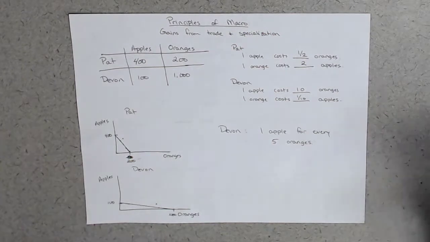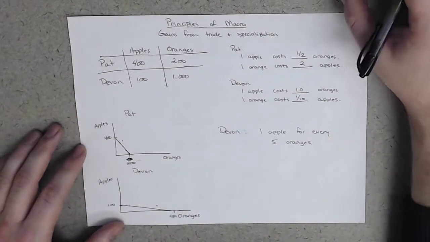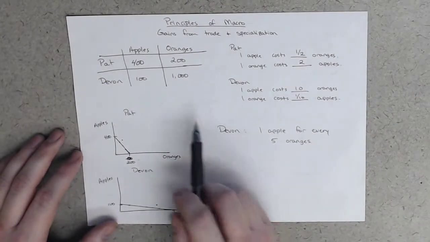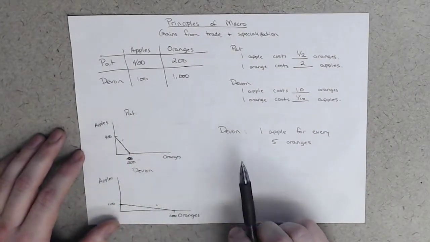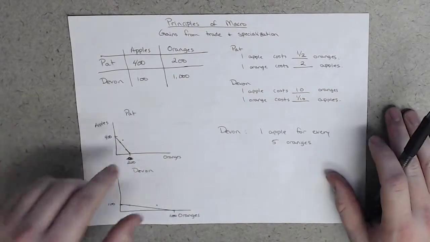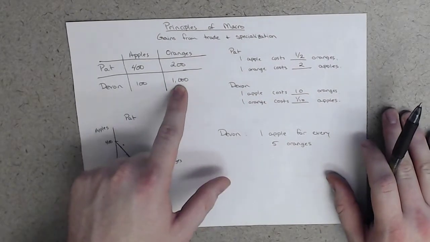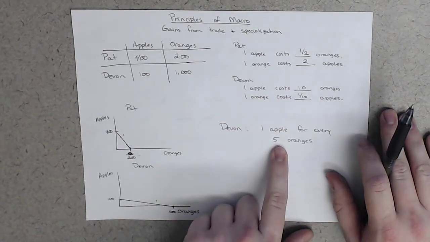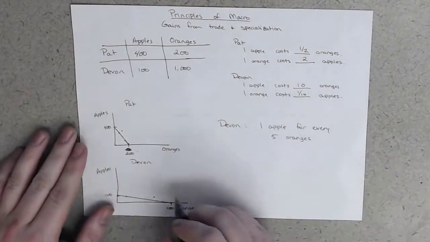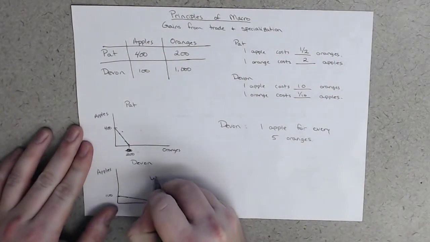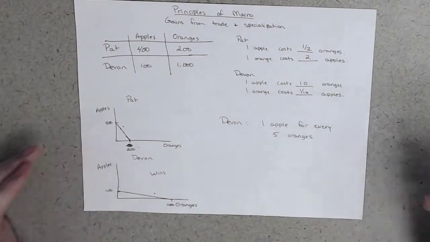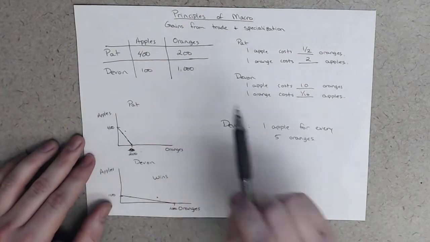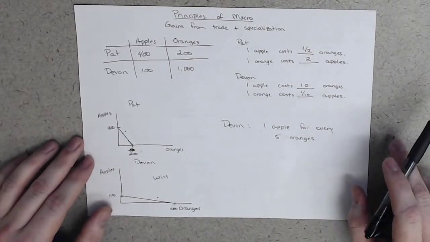Okay, so let's think about whether or not that would benefit anyone. So let's think about Devin's case. In Devin's case, for him to get an apple on his own, he has to give up 10 oranges, right? But here, he only has to give up 5 oranges to get an apple. So does Devin benefit? Yes. Devin wins because Devin gets to have apples without giving up as many oranges as he would on his own.